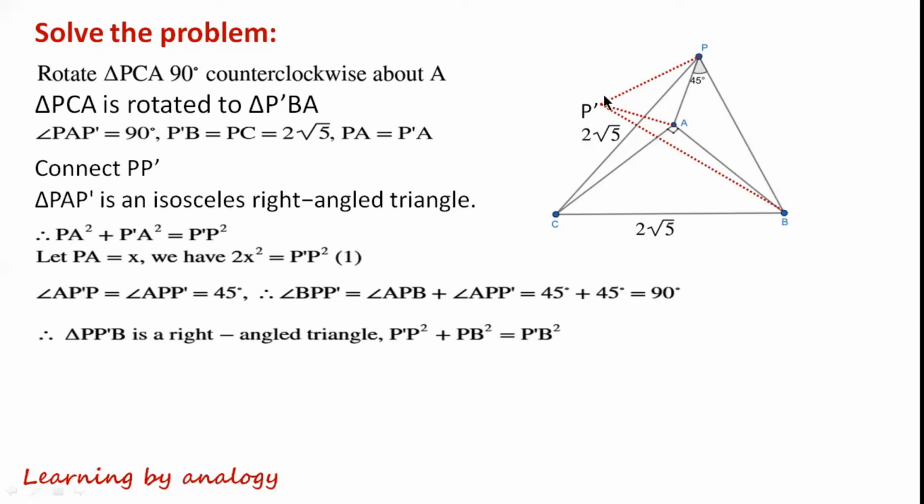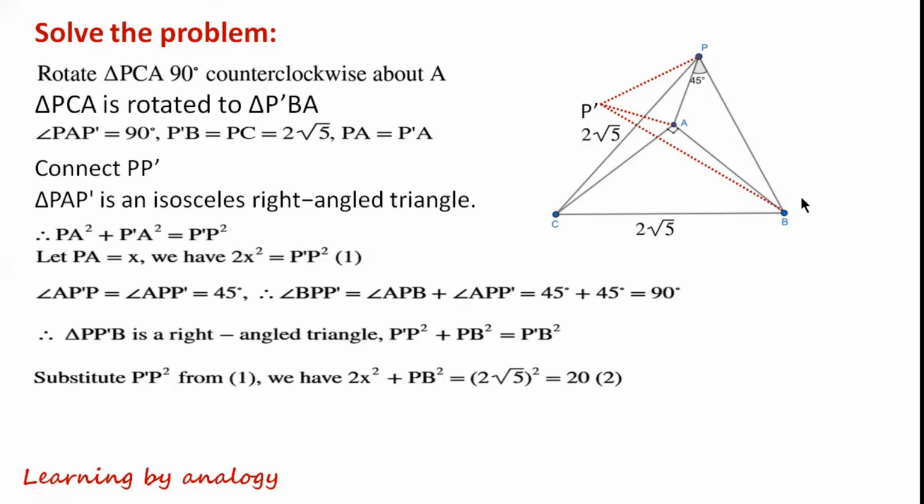So triangle PP'B is a right-angled triangle. P'P squared plus PB squared equals P'B squared. Substitute P'P squared from equation 1. We have 2x squared plus PB squared equals (2√5) squared equals 20.